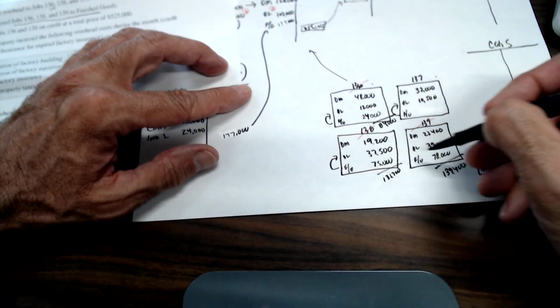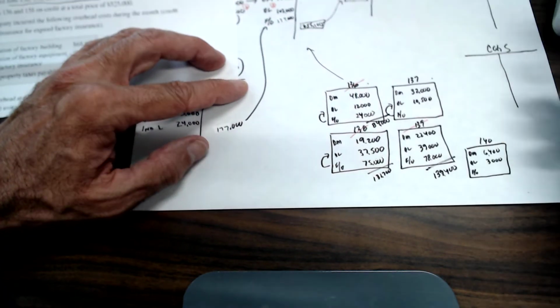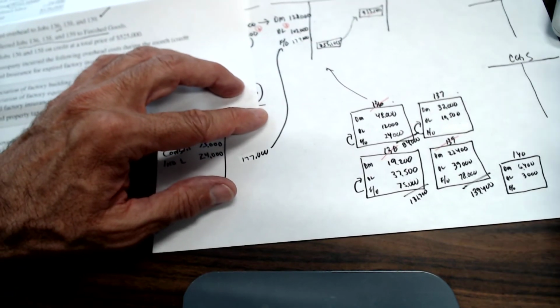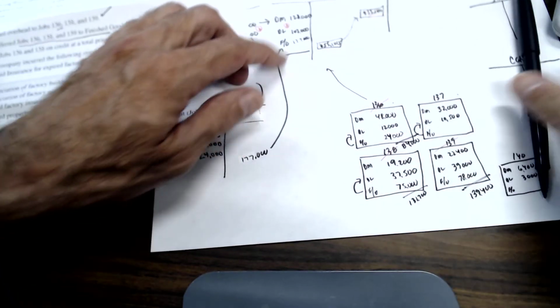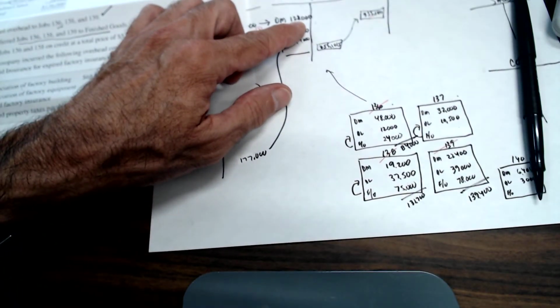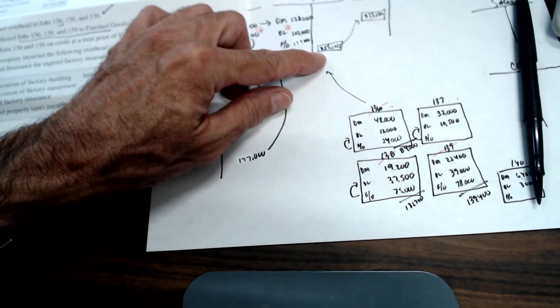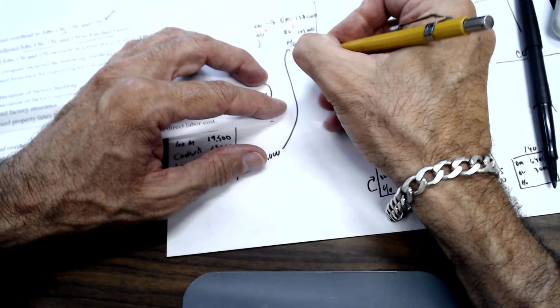That's the cost of these three jobs. Just out of curiosity, what's left in work in process? We take the 128, the 102, the 177, and I subtract 355,100. Right now there's still a cost of 51,900.